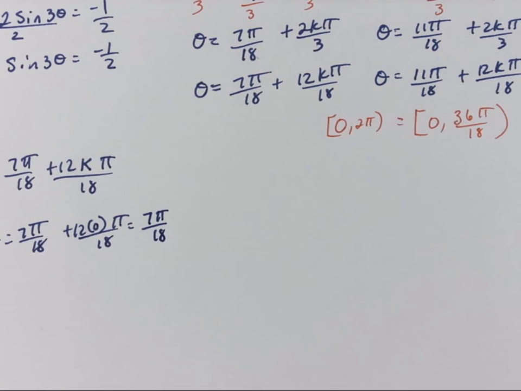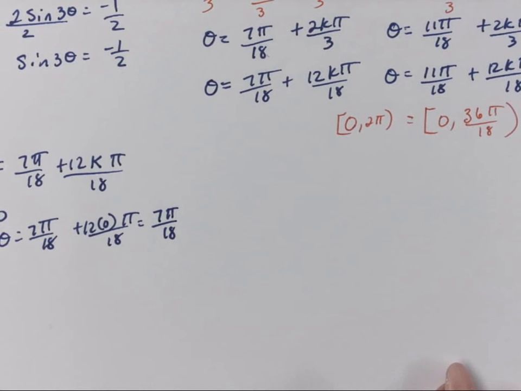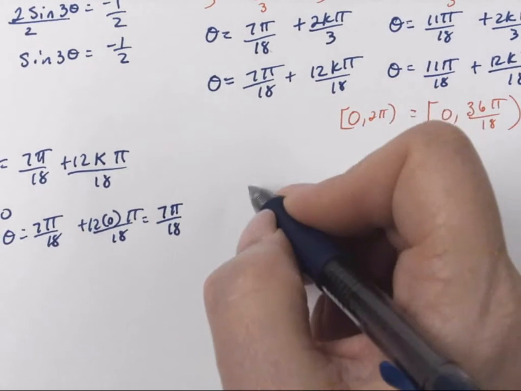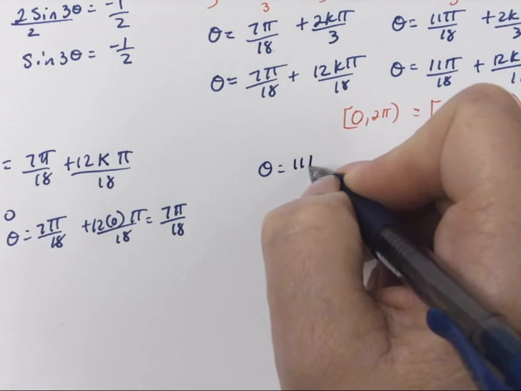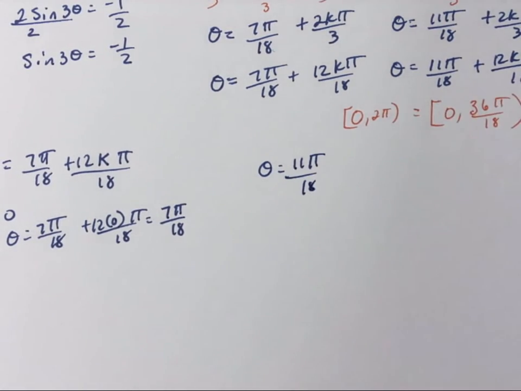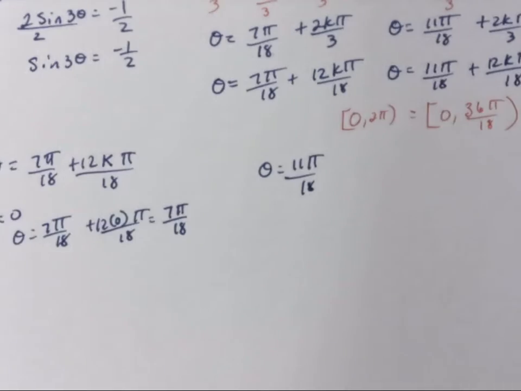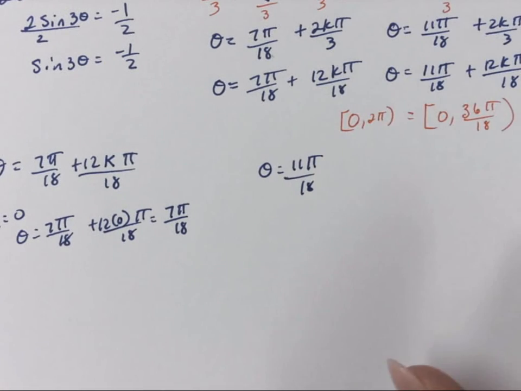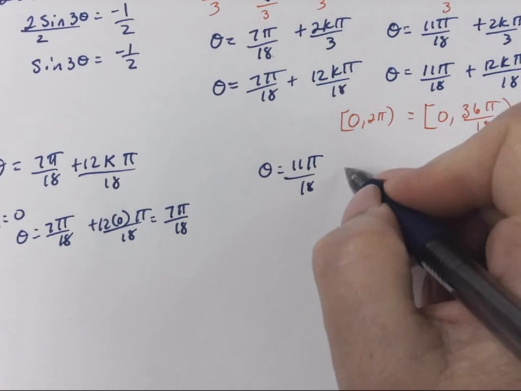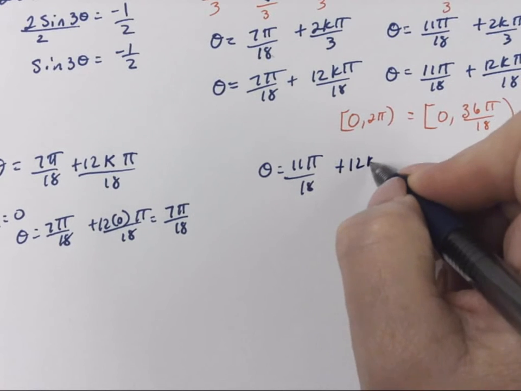So theta would be 11 pi over 18 plus 12 times 0 pi over 18, which will get us our 11 pi over 18. So these are the first two solutions that we have, but we're still well below our 36 pi over 18. So the next one we're going to do is k is equal to 1.